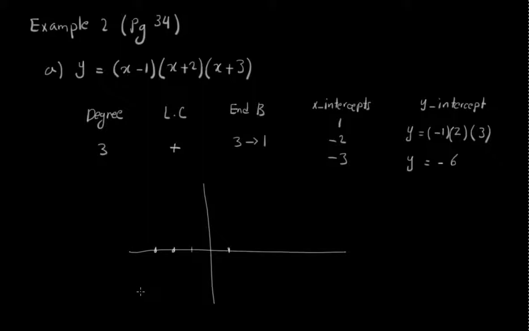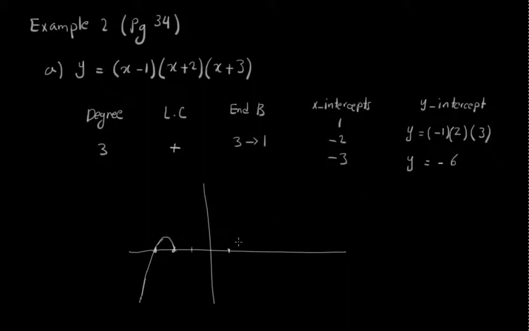So I'm gonna start from somewhere around here and go to my first x-intercept. But since the order of this one is just 1, I would pass it. Now I have to go back to my second x-intercept, so I would come back down.